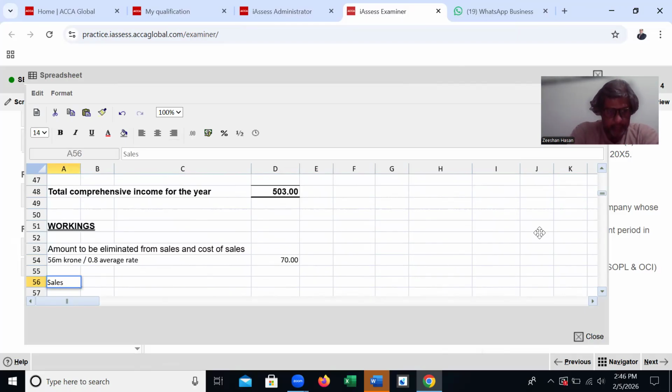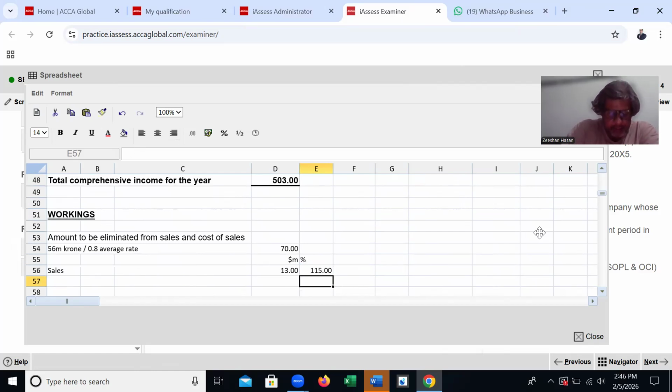Then we have sales and in percentage over here for the URP purpose. Definitely, it's 13 million, and the markup is 100.